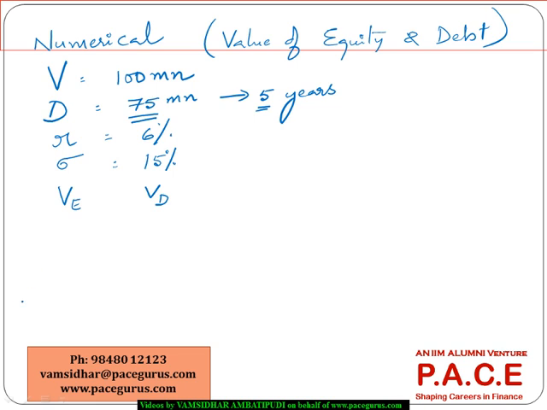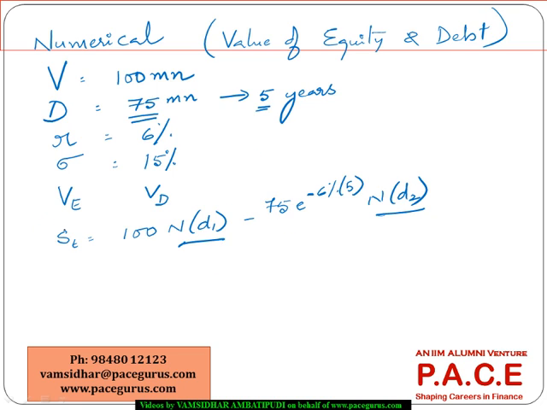At this current point, where 5 more years remain for maturity, the value of the equity is the value of the firm multiplied by N(d1), minus 75 e power minus 6% into 5 into N(d2). So all that I need is to find N(d1) and N(d2).